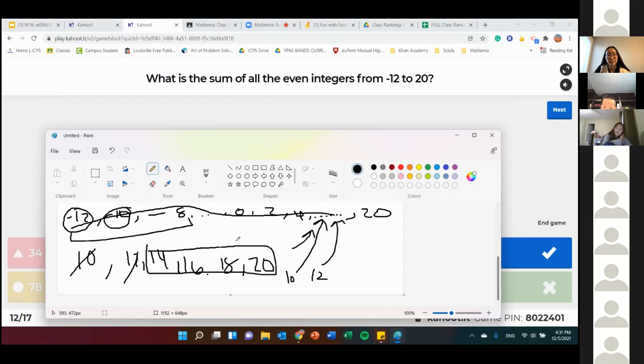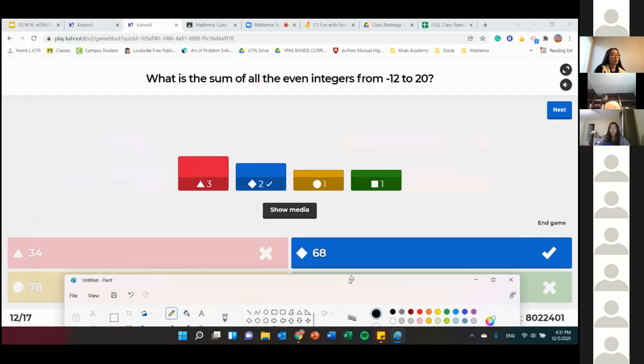But we could also use the method that we learned last class. Was it last class or the class before? Can't remember. But anyways, you add the first and last number together. That's 34. And the number of pairs, well, there's 1 pair, then there's 2 pairs. 34 times 2 is 68. Any questions?